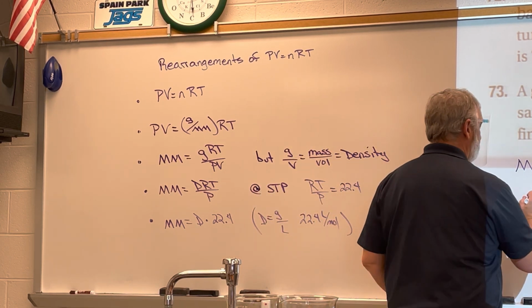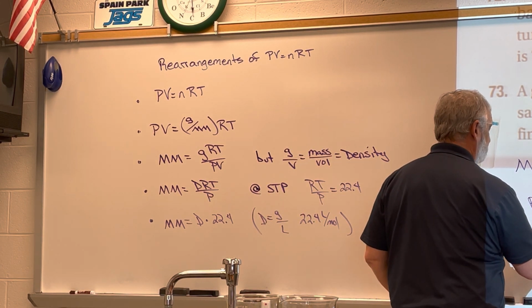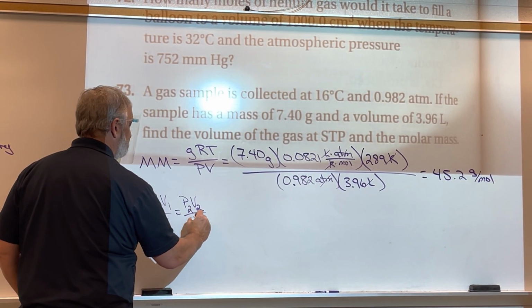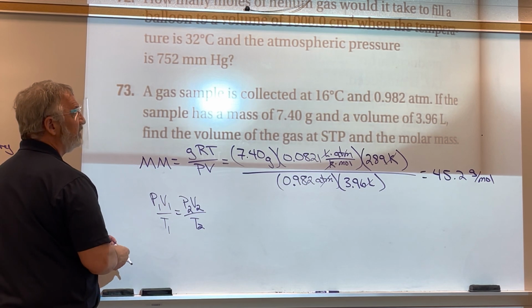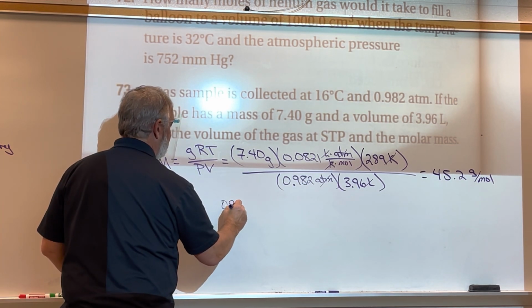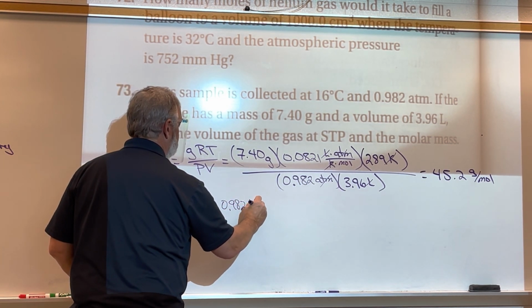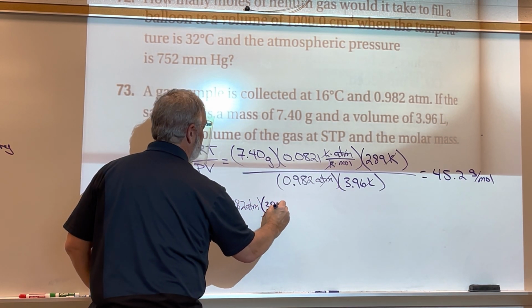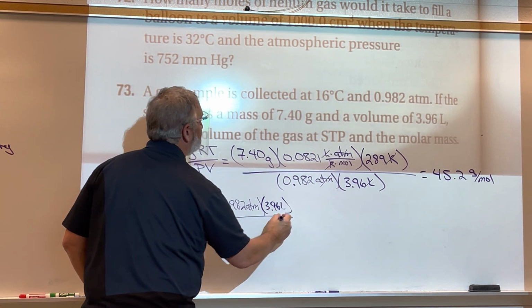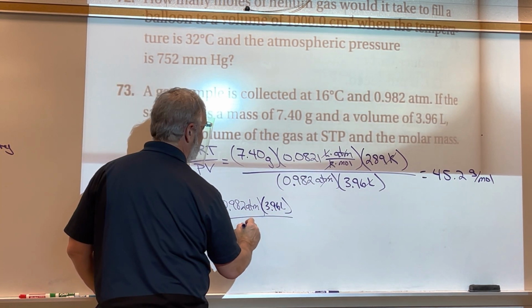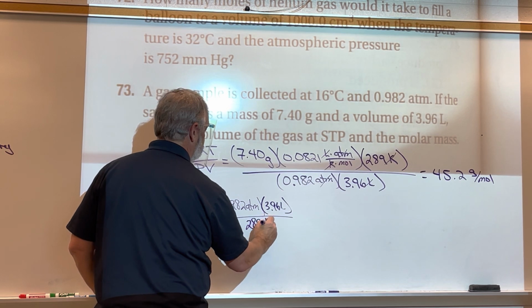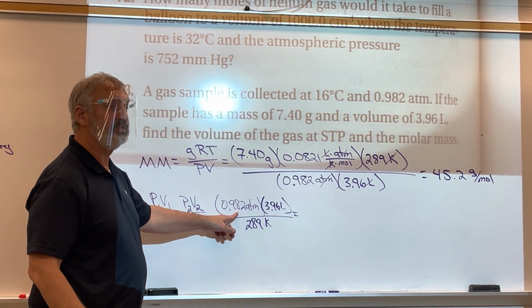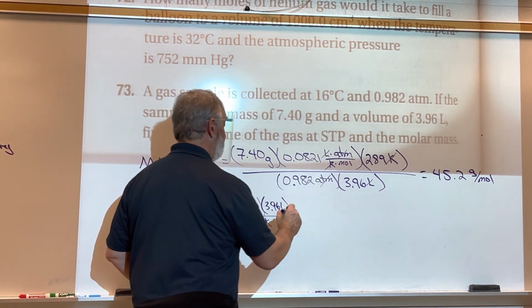Use the combined one. P1 V1 over T1 is equal to P2 V2 over T2. To where our initial pressure, 0.982 atmospheres, our initial volume of 3.96 liters, our initial temperature of 289, is going to equal, what's the pressure at STP in atmospheres? 1 atmosphere.